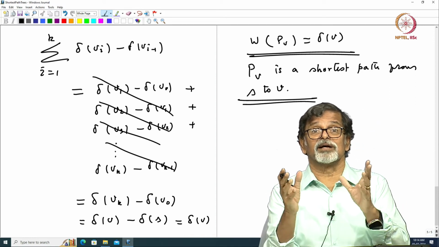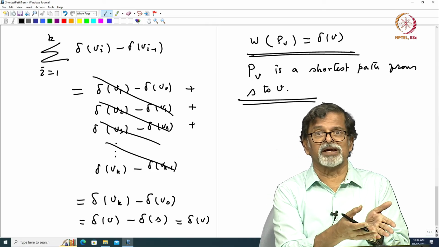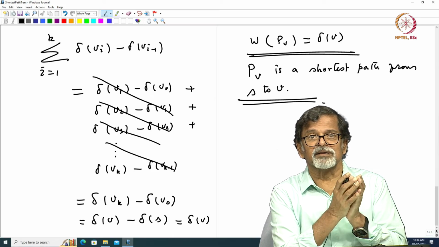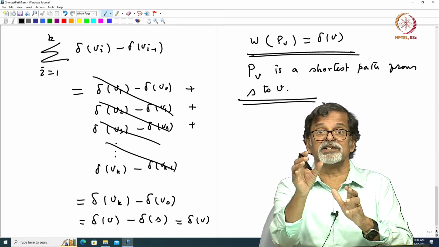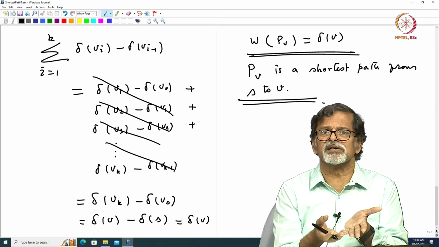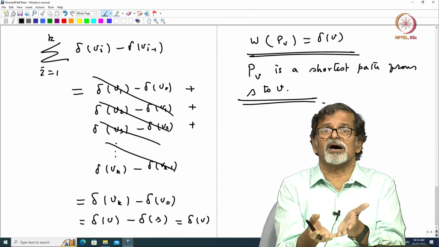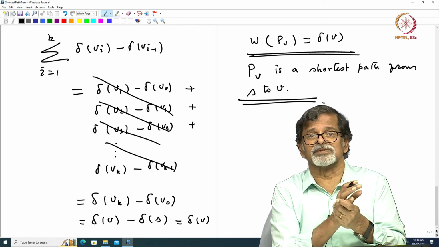So, all you have to do is that while solving the equation, you not only obtain the delta V values, there are edges whose weights define those equations. Just save those edges, and those edges are useful in constructing the shortest paths.